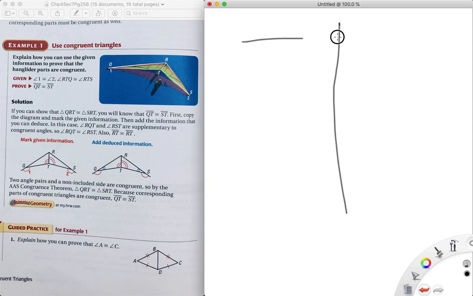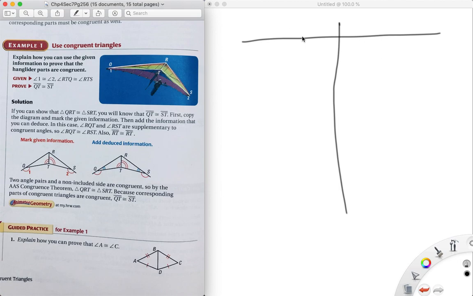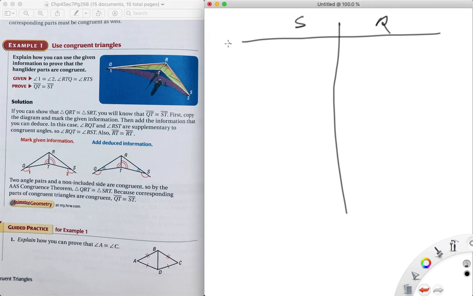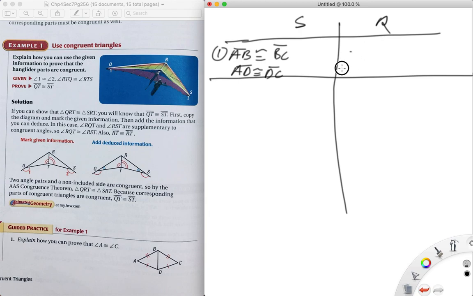So if I was to draw this as a proof, and they're not asking for a proof, they just want you to explain it. We start with our givens. Then we can use the reflexive property and say that BD is congruent to itself.